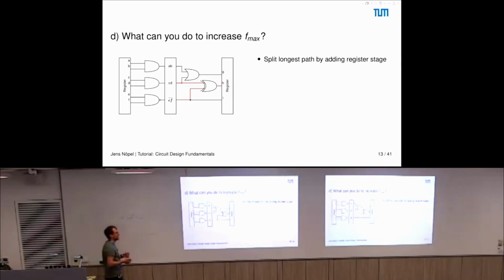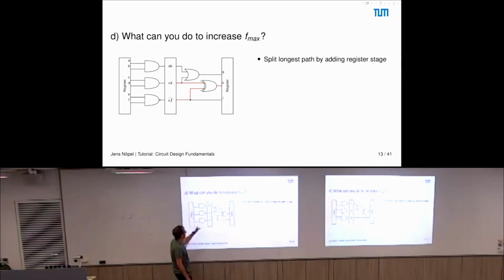It is true that now the longest critical path resides here, because this is the gate that has the longest delay. So it doesn't matter what those here have if this one is the largest one, right?